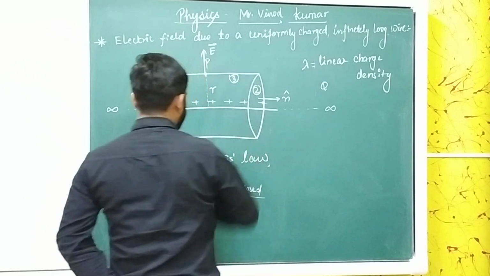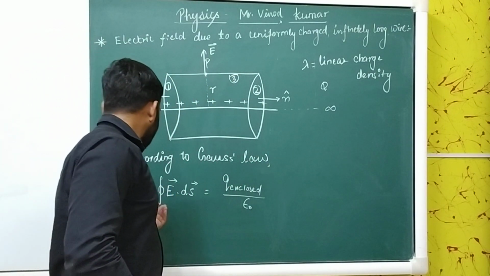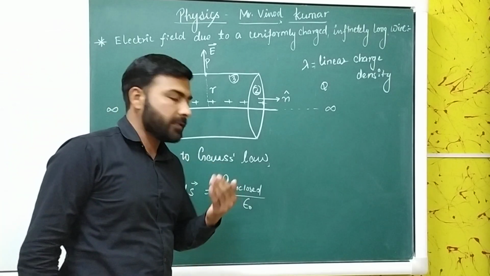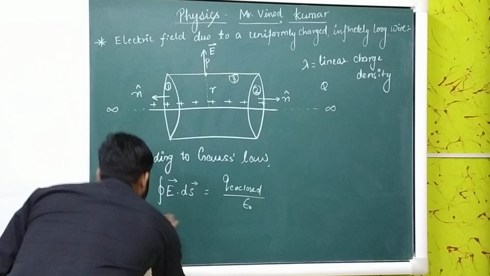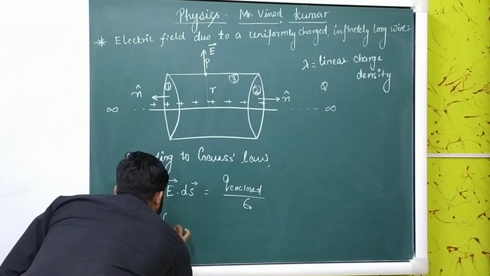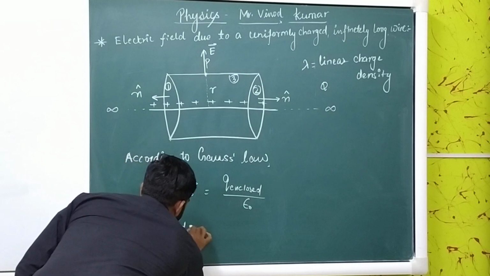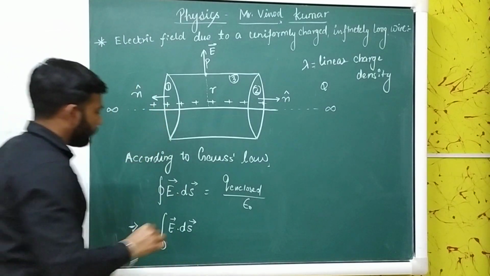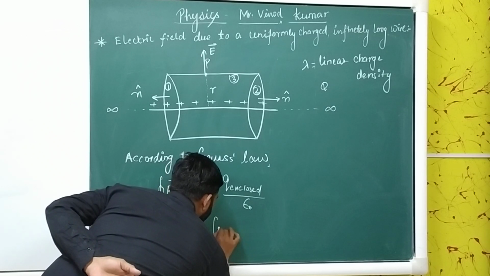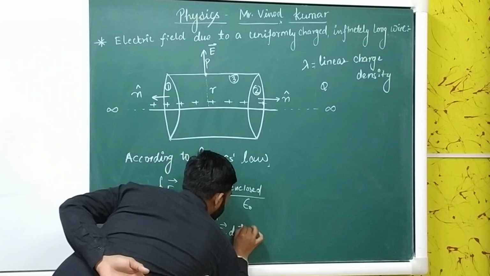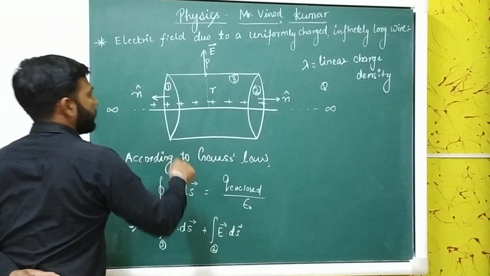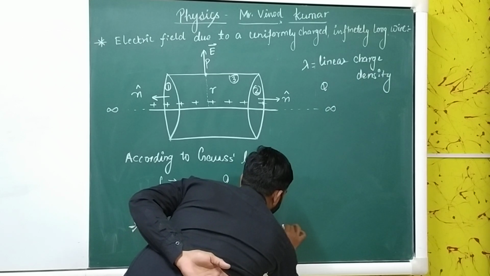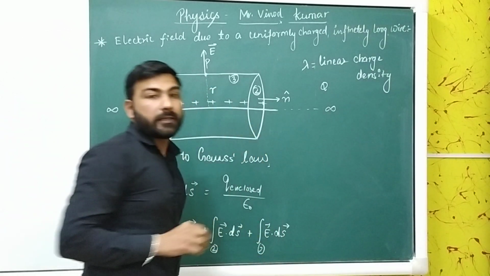and this curved surface is named 3. Now we are going to expand this integration into three parts. It will be E vector dot ds vector for the first surface, plus E vector dot ds vector for the second surface, plus E vector dot ds vector for the third surface.